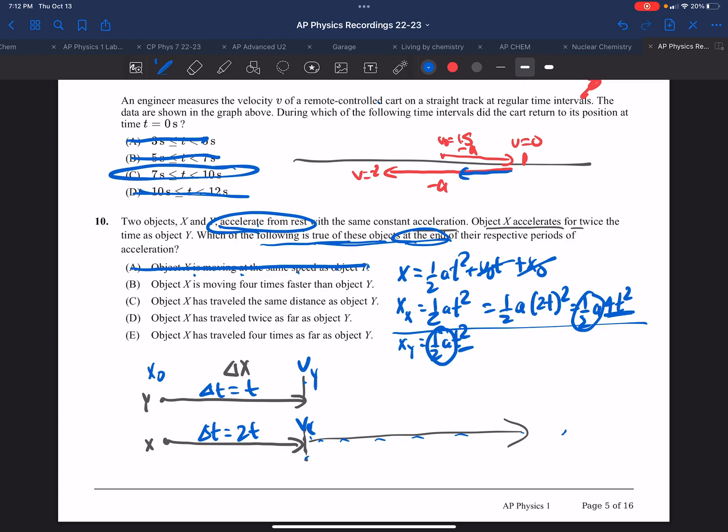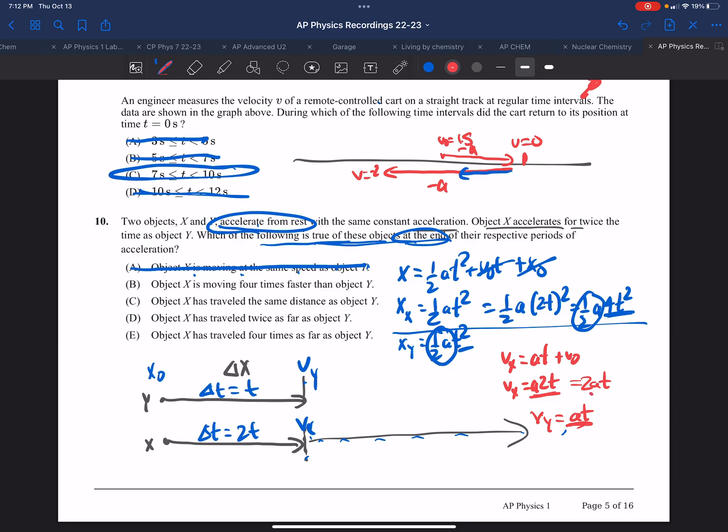Well, let's look at our velocity equations. vx = at plus v0, and we said that they have the same acceleration, and t is 2t. vy = at, and it's just t. So vx is 2at, and vy is at.